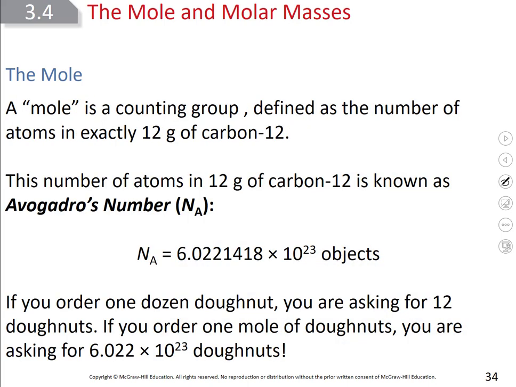So we call this Avogadro's number. The symbol for it is an uppercase N with a subscript uppercase A. We're only going to use that to four significant figures, so 6.022 times 10 to the 23rd, but there it is to more significant figures if you are curious. And it is equal to how many atoms are in exactly 12 grams of the carbon-12 isotope.